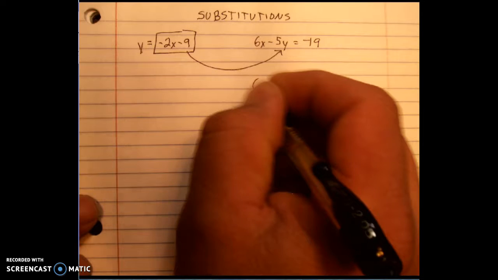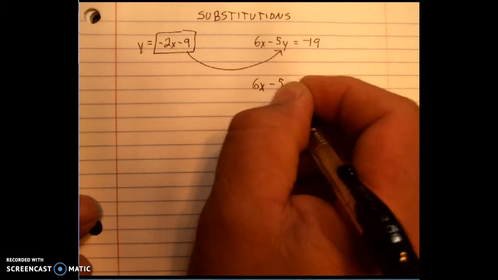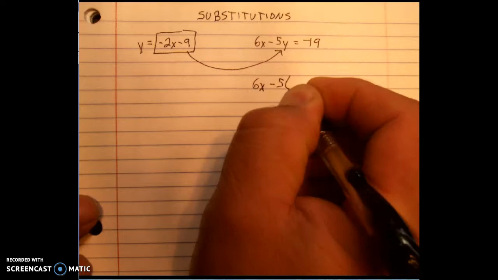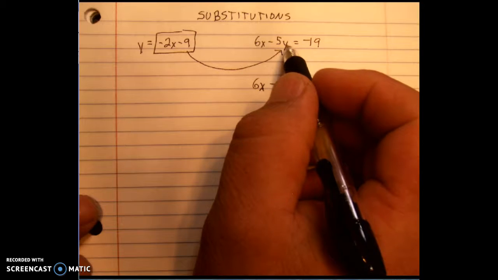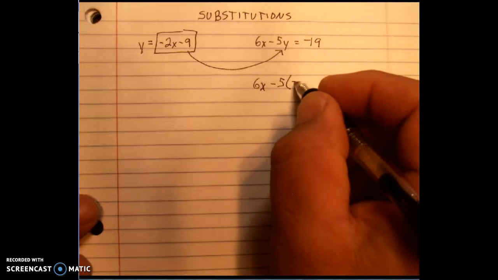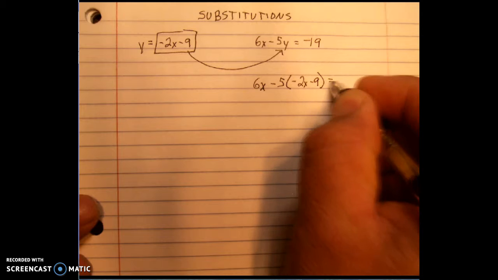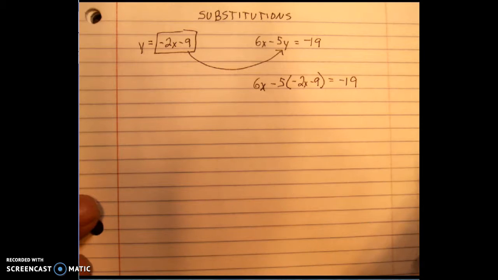So I have 6x, that part doesn't change, minus 5, remember the parentheses, because y is no longer one letter or one variable or one number, it is now an expression. So we replace with the negative 2x minus 9 equals negative 19.